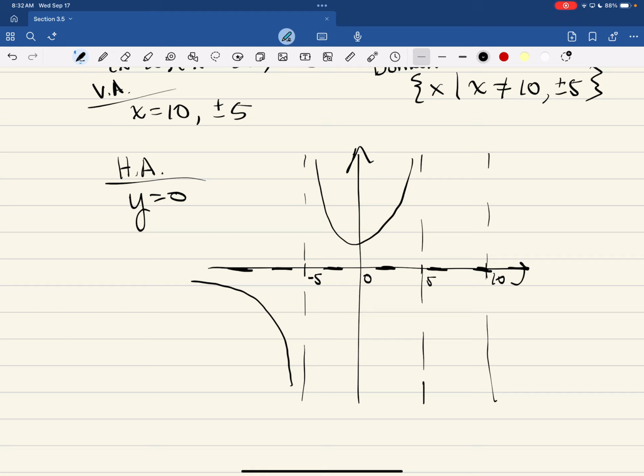Okay, but now let's check 5 to see if we're really going to be above. So we know we never cross the x-axis, right? So I guess we can use that to say we're not going to go down below. We're going to have to stay above. All right, now what about greater than 5 but less than 10?